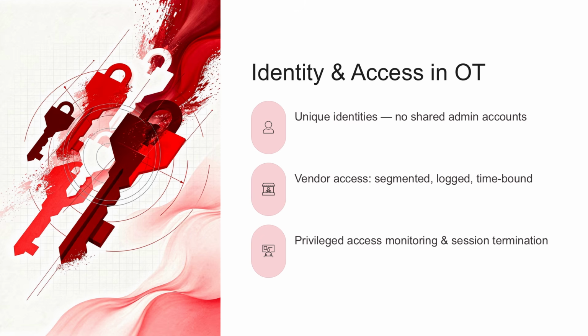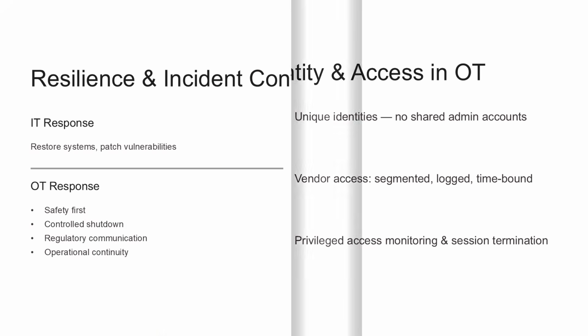Without proper control, vendor access can become an attack vector. Your architecture must enforce strong authentication, segmented access zones, logging of vendor sessions, session termination policies. Identity governance extends into OT. Even if technology constraints limit some capabilities, architectural intent must remain strong.